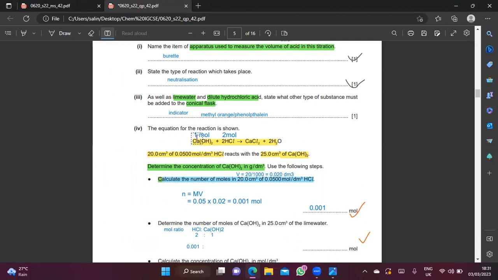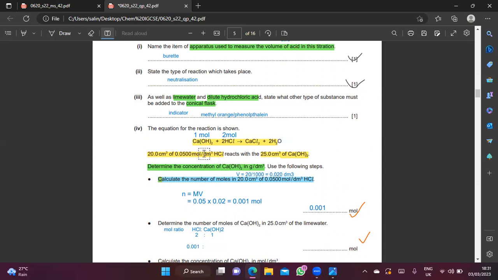Why? It gives you the number of mole. In chemistry, quantity wise, normally we will use number of mole. If it's in gram or if it's in volume, we will definitely convert to number of mole. So a balanced chemical equation is very important.